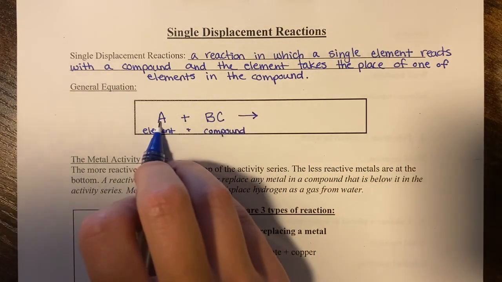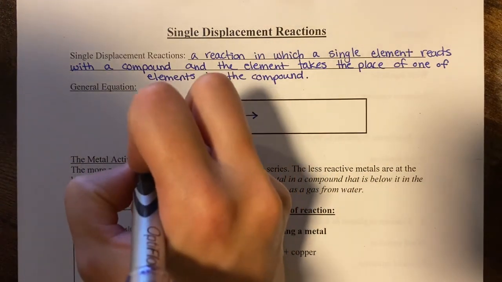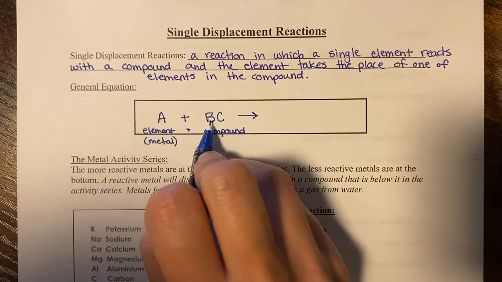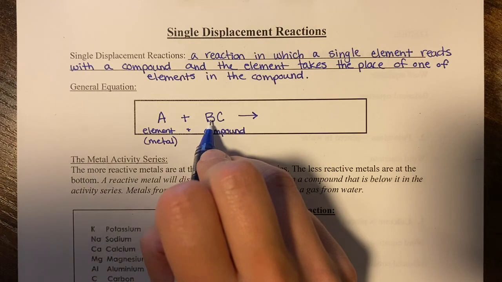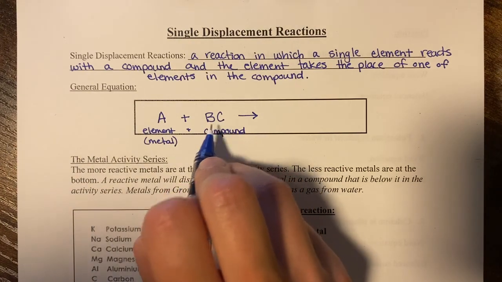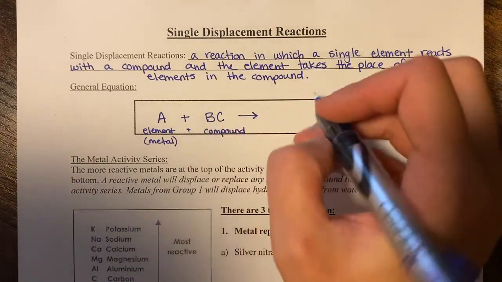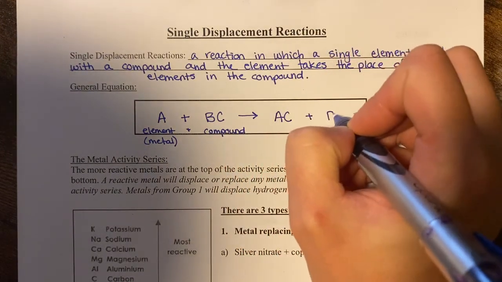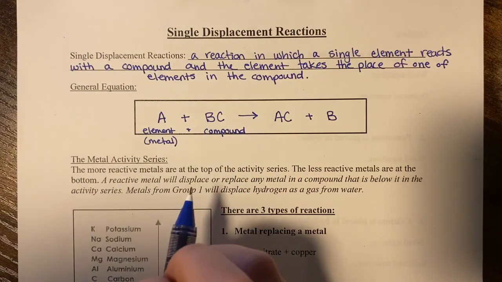So in this case, let's assume A is a metal. In this example, it's going to replace the metal in the compound, which in this case would be B, because the metal always comes first when you write a chemical formula. So that would give us AC plus B.